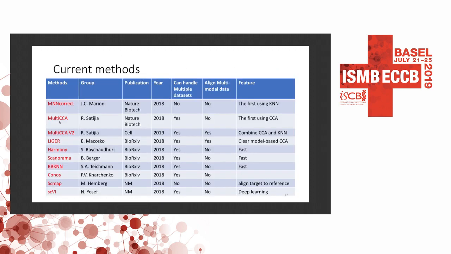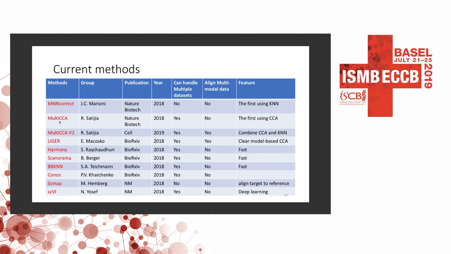Oh, so these are current methods. I think, for example, this LIGER is also based on, basically either they use nearest neighbors, or they use CCA, but the technical details are different. The actual algorithm is different, and that can affect the speed of the software.